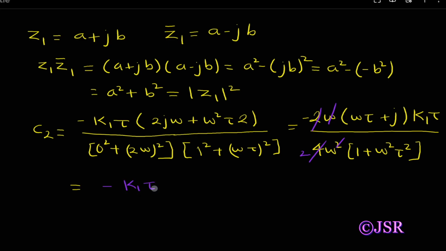We will have minus k1 tau upon 2 omega (1 plus omega square tau square), and here omega tau plus j.